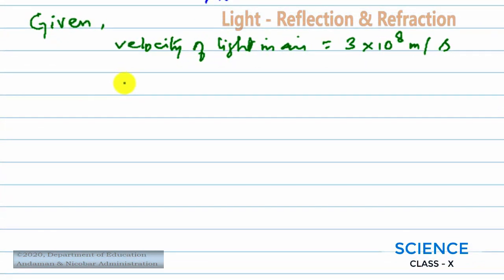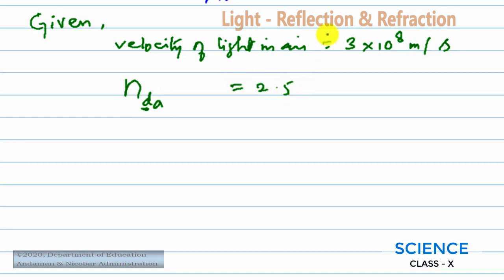So refractive index can be written like this. Refractive index can be written as NDA. Here D refers to diamond and A refers to air. The refractive index shows that the light enters from air to diamond. Its value is already given, which is 2.5.